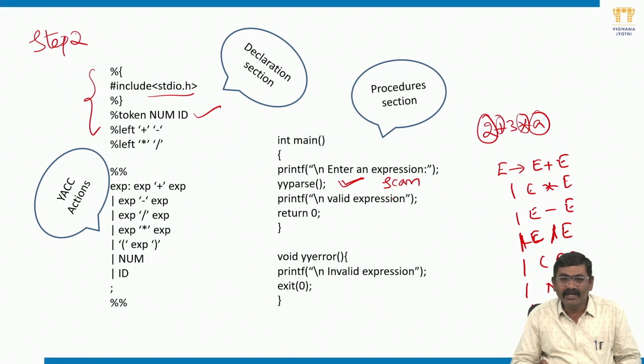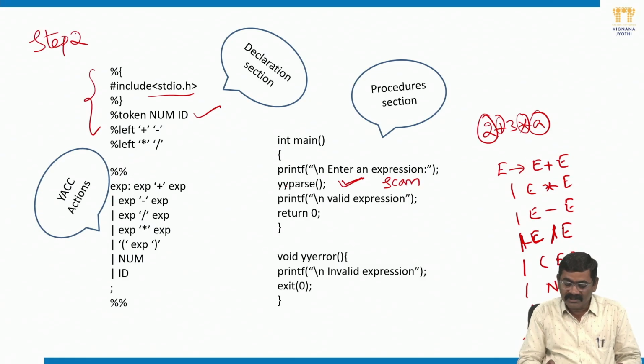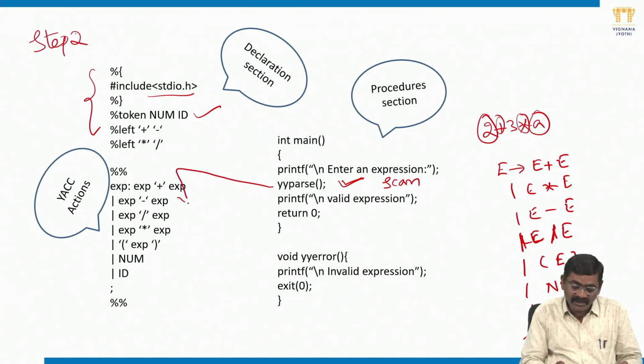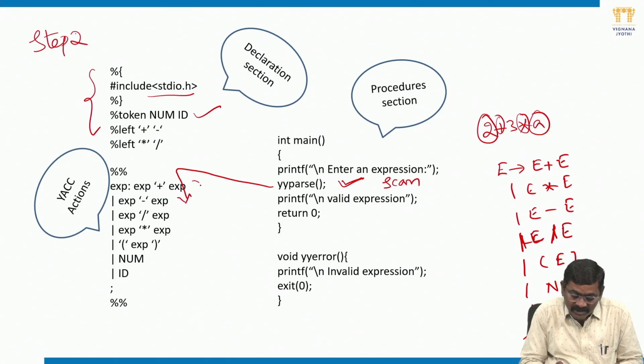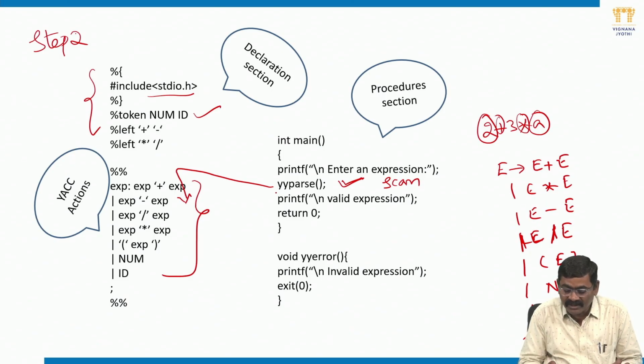After that, the scanned input is passed to the rule section, I mean the YACC action section. This YACC action section will internally try to verify the input. If the input supplied follows this grammar, then immediately the next statement will be executed. That is, the expression is valid.